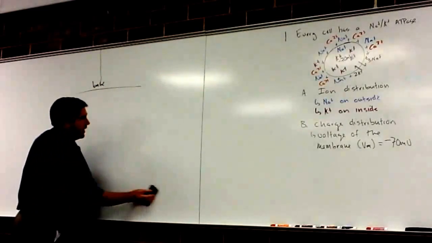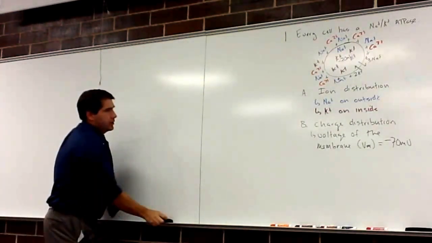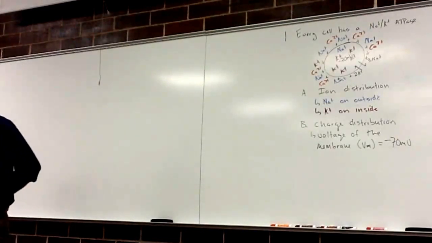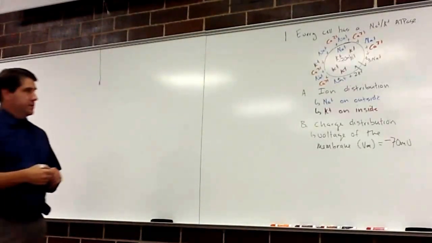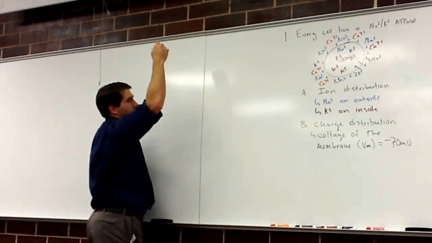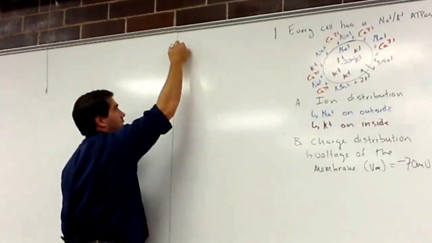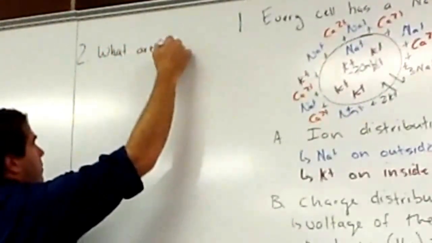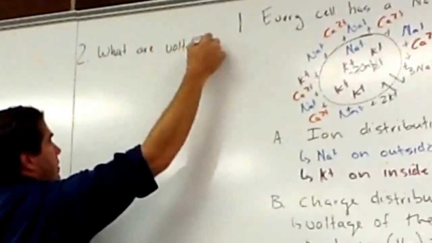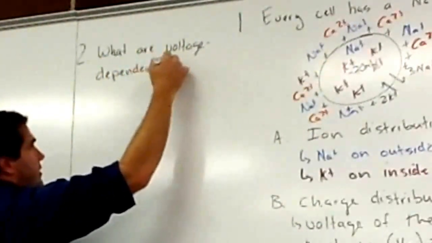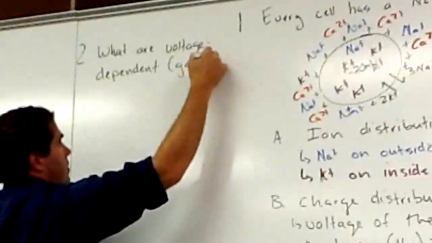And in order to explain how you get this voltage change, we have to talk about voltage-dependent channels and what the specific voltage-dependent channels are. So one was over there. Let's do two. I think we can squeeze it in right here. Is what are voltage-dependent, or sometimes they're called voltage-gated channels.